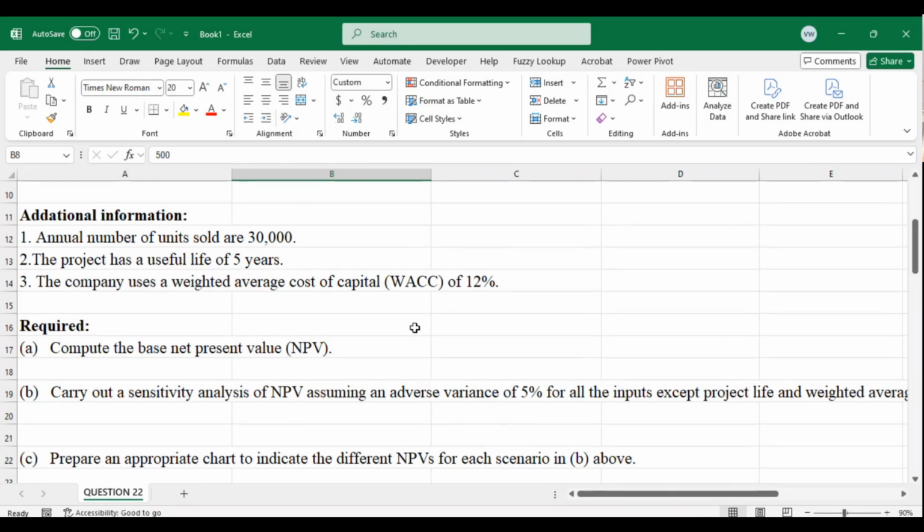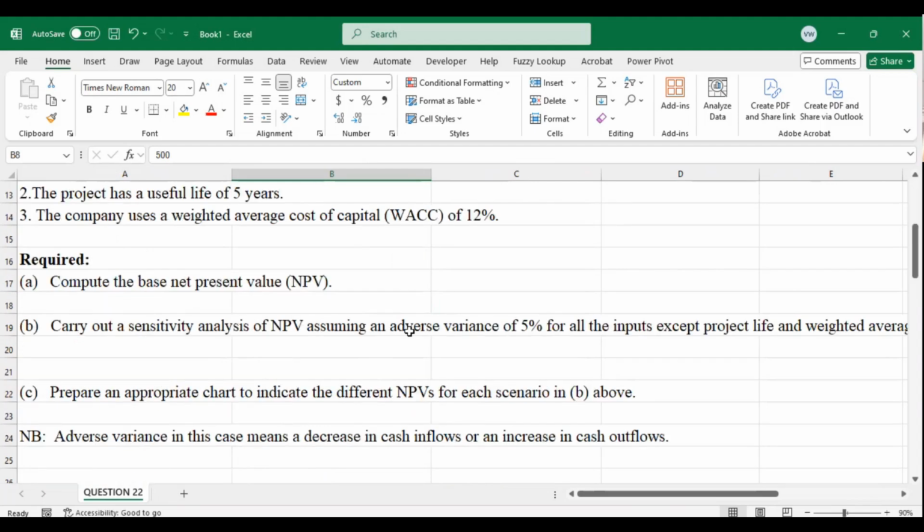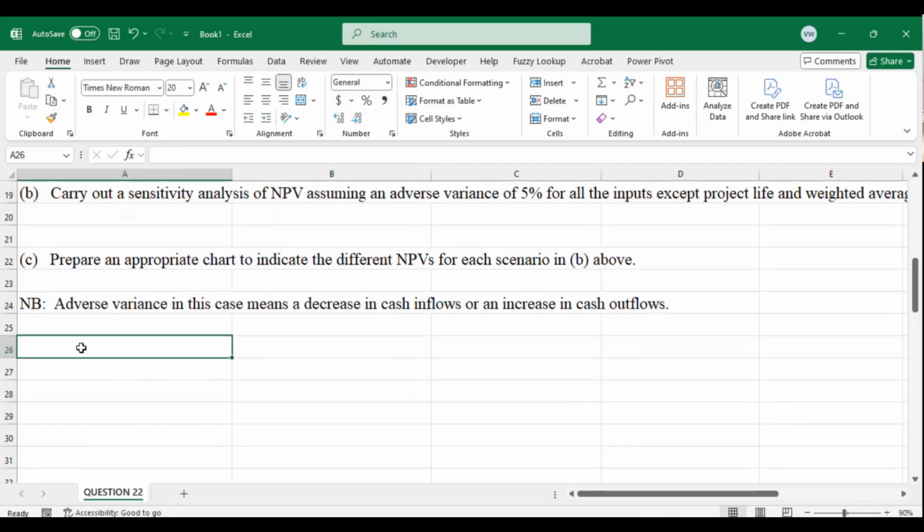So let's start by getting the best case net present value. For us to get the best net present value, first of all, we have to consolidate our items. So let's have our solution here.